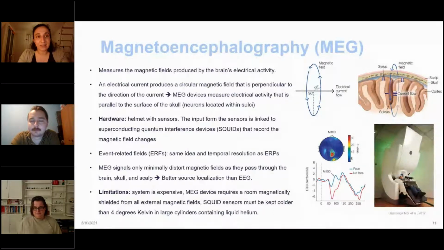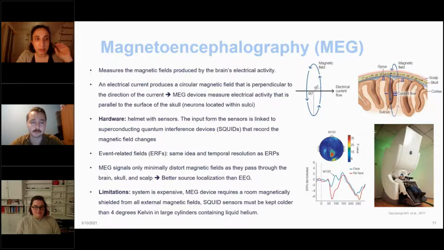Basically, an electrical current produces a circular magnetic field that is perpendicular to the direction of the current, and the MEG device measures this magnetic field. It primarily measures activity which happens parallel to the skull, like here, for example, which is typically in the sulci of the brain.